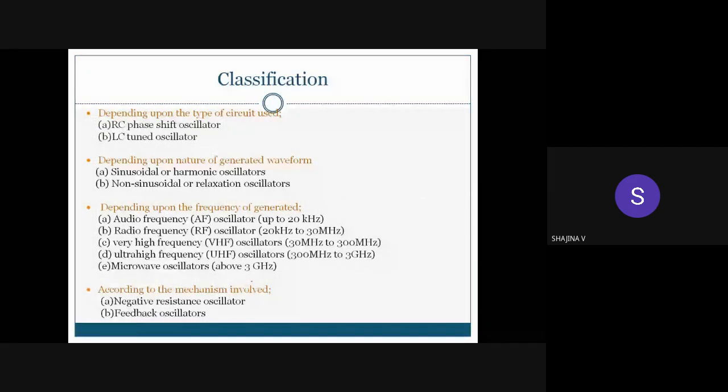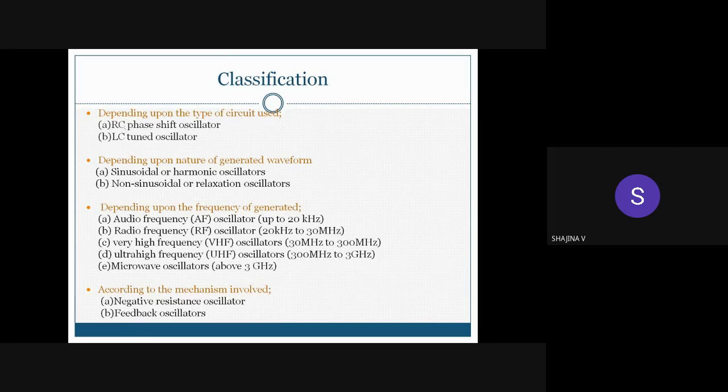Now coming to the classification of oscillator. Depending upon many criteria, we can classify oscillators. First one is depending upon the circuit used, that is circuit elements used. More specifically, we can say this is the circuit elements used in the feedback network. Okay, oscillator we already told we have an amplifier part and feedback part. So mainly the circuit means that feedback part.